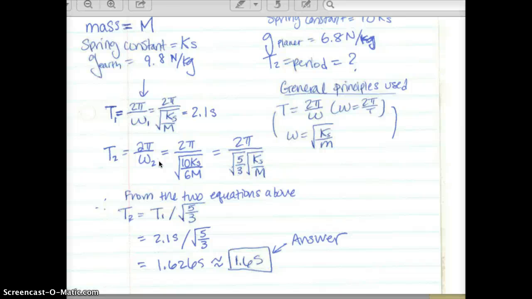So basically, the period of the second spring is just the period of the first spring divided by root of 5 over 3 according to the equation. That's why I divided 2.1 seconds by root of 5 over 3, and I got 1.626 seconds, which I rounded to 1.6 seconds.